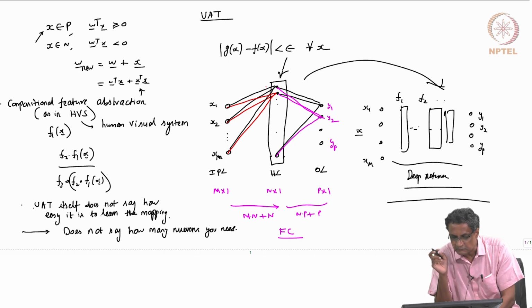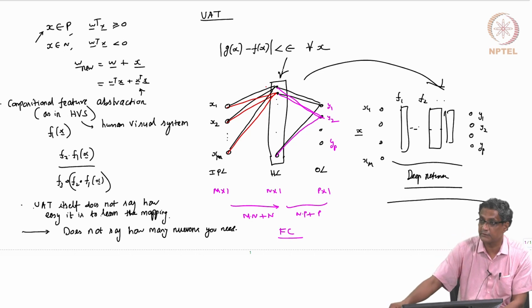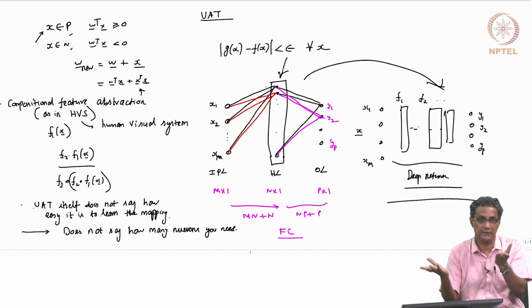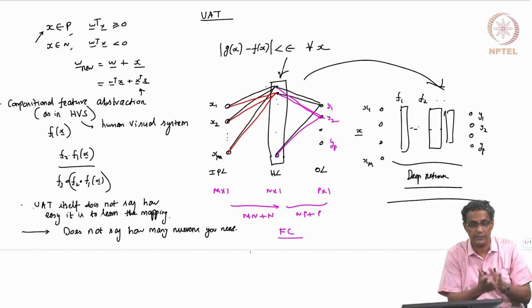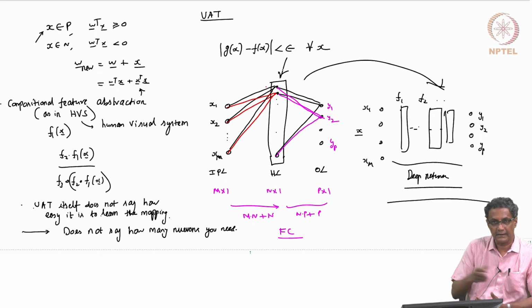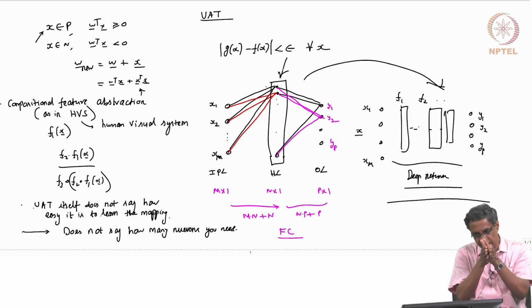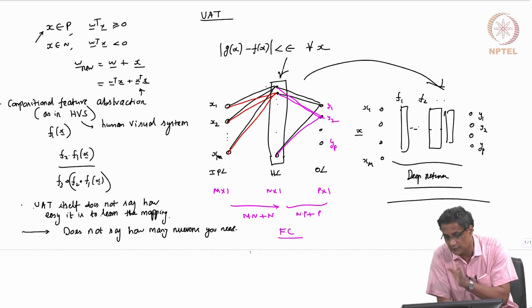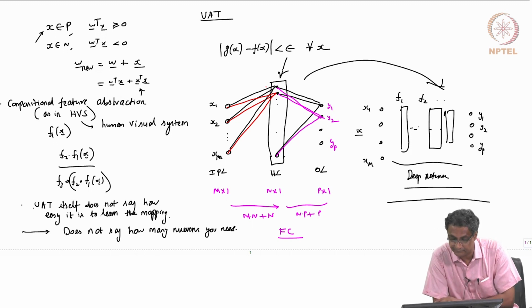Depending upon whether you are solving a classification problem or a regression problem, the output layer activation could turn out to be totally linear, because you need a bunch of values that you want to work with. It does not have to be a probability all the time. So what you have in the output layer as activation depends, but the hidden layer activation is all for this. It does not explicitly say that you need nonlinear activations at the output.